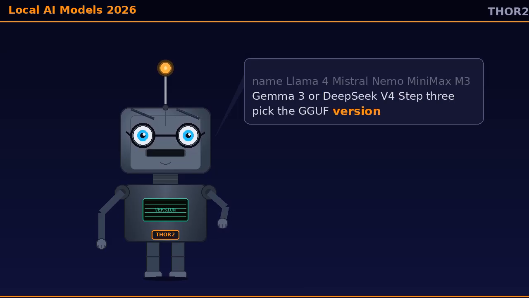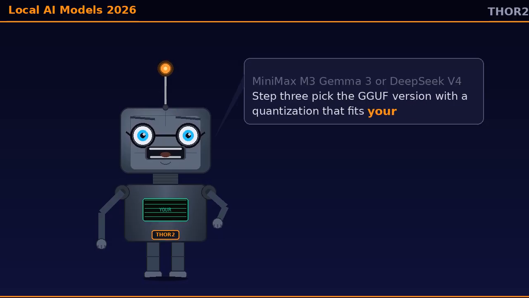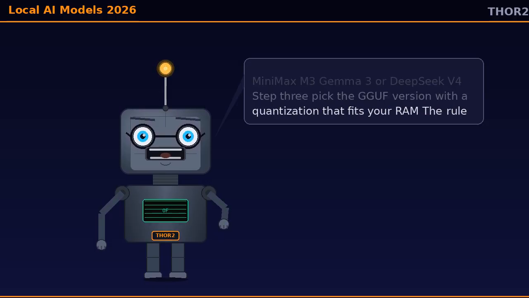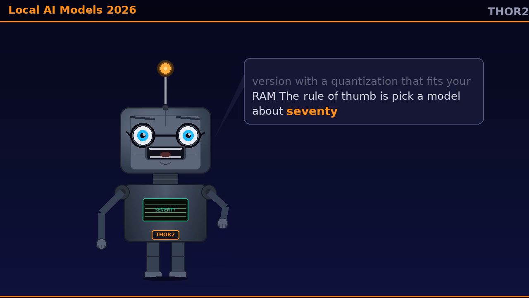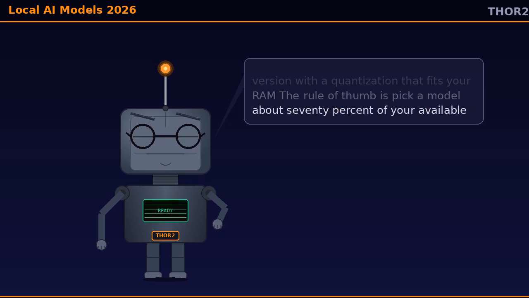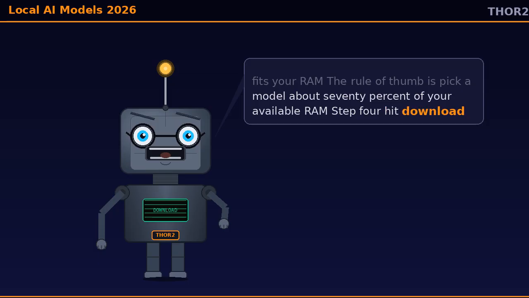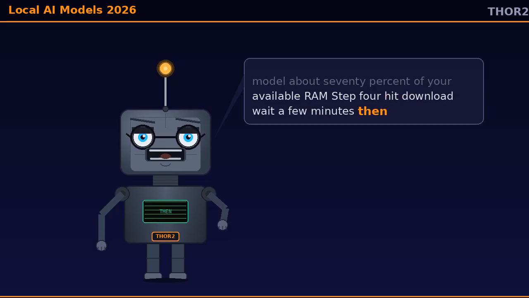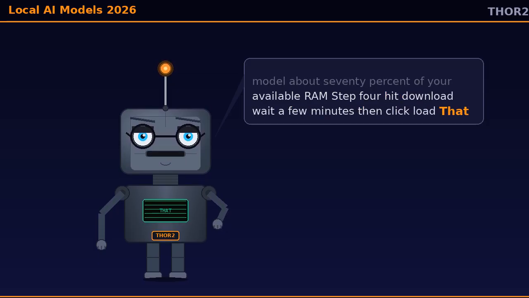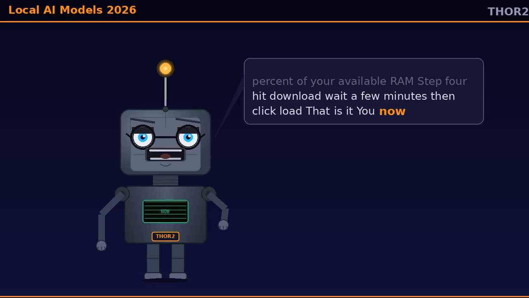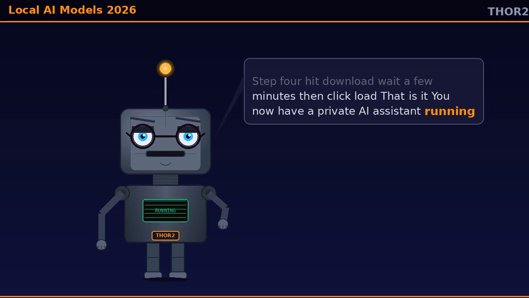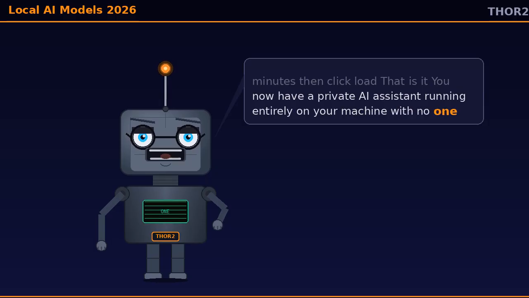Pick the GGUF version with a quantization that fits your RAM. The rule of thumb is pick a model about 70% of your available RAM. Step 4. Hit download, wait a few minutes, then click load. That is it. You now have a private AI assistant running entirely on your machine with no one watching what you ask.